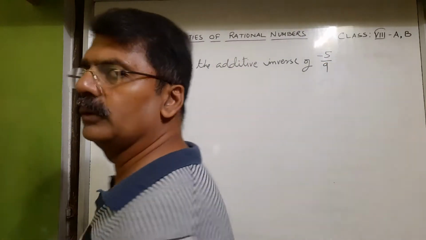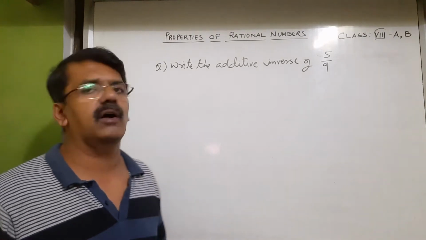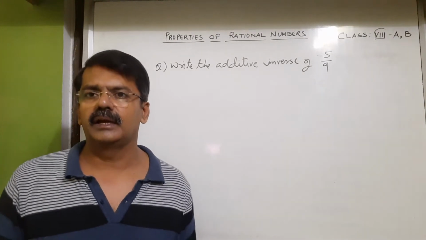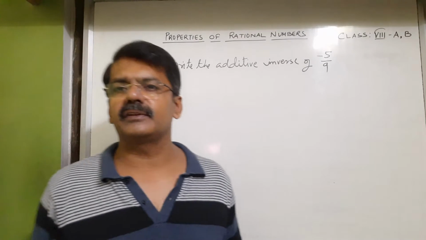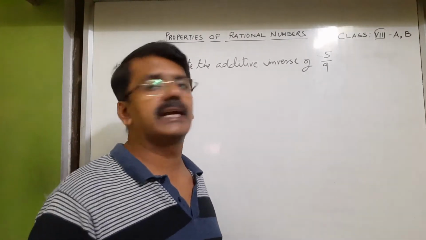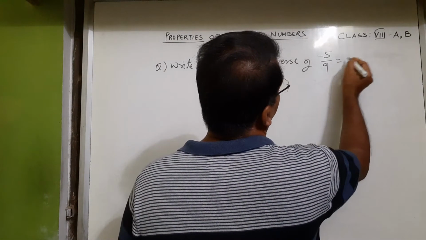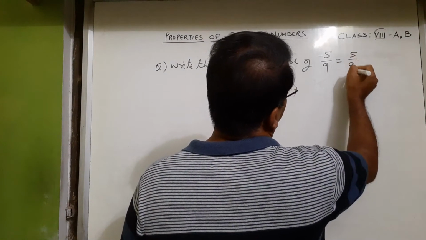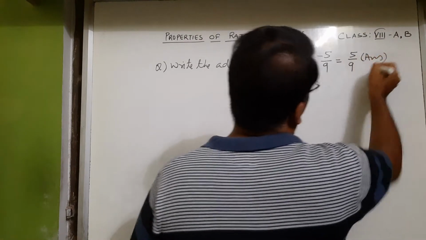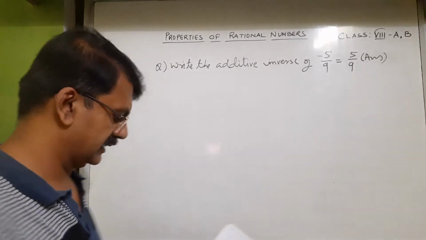So I told you, whenever you change the sign of any rational number, means if it is positive you make it negative, if it is negative you make it positive, and you will get the additive inverse. So here it will be 5 by 9. The answer will be 5 by 9. The additive inverse, just change the sign, that is the answer.